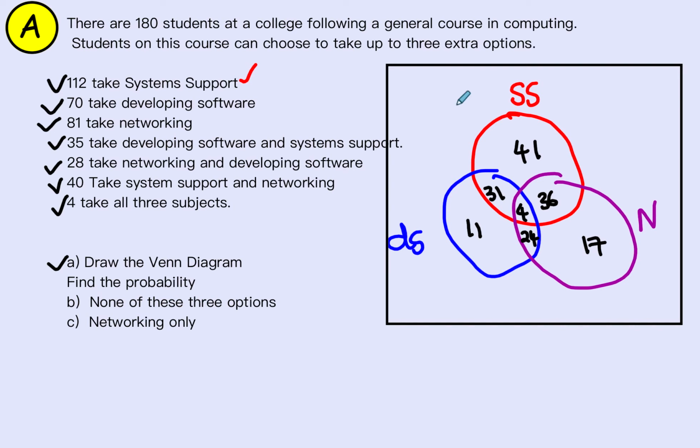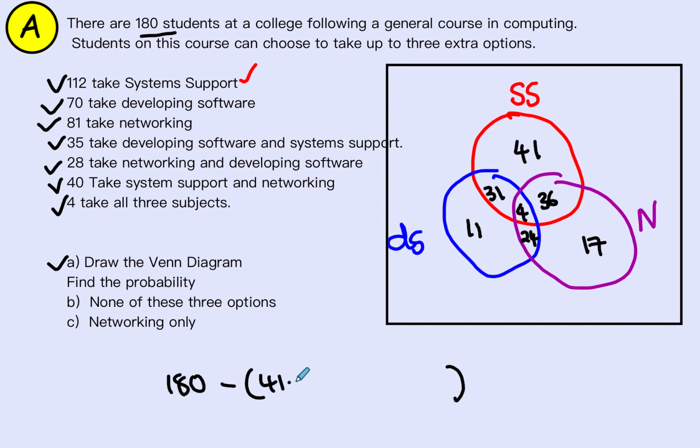How many students are not participating, have not taken up one of these options? Well, look, there's 180 students there, so you would have to do 180 minus everything that's represented in the Venn.